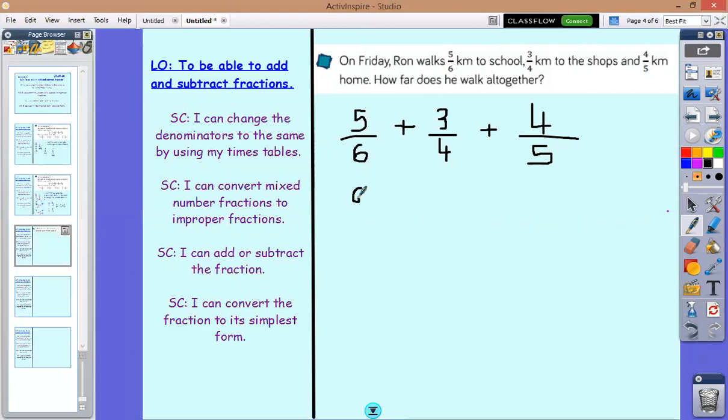So I can do 6, 12, this is one way, 12, 18, 24. I'm just going to fast forward through this bit. But carry on writing your times tables whilst I do it for you, so you can pause it here.